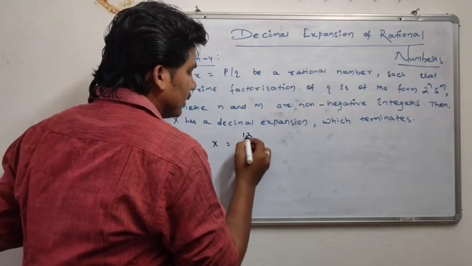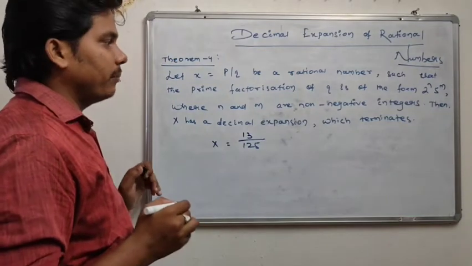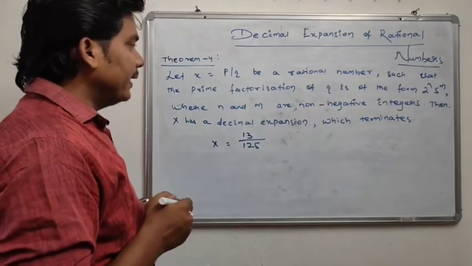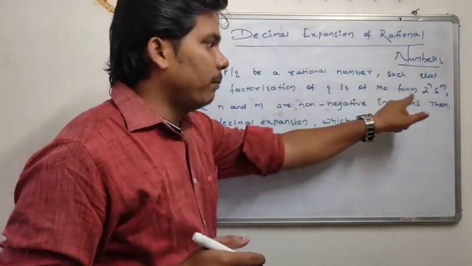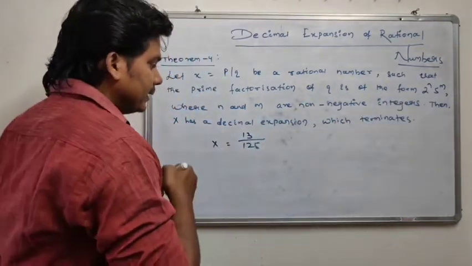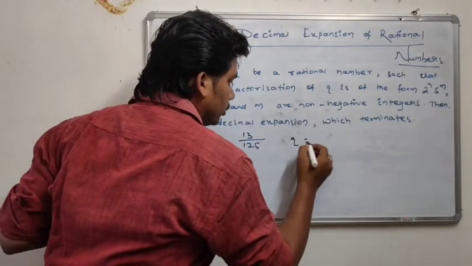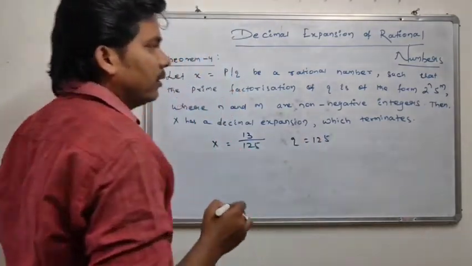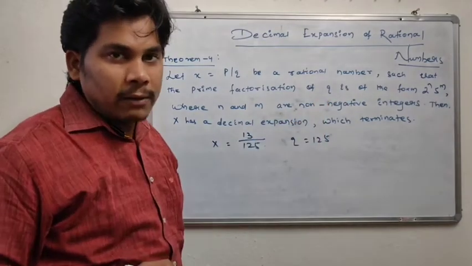Let's take this as 13 by 125. Here it is given that the prime factorization of q is of the form 2 power n, 5 power m. Here q is 125, whose prime factorization should be of the form 2 power n, 5 power m.